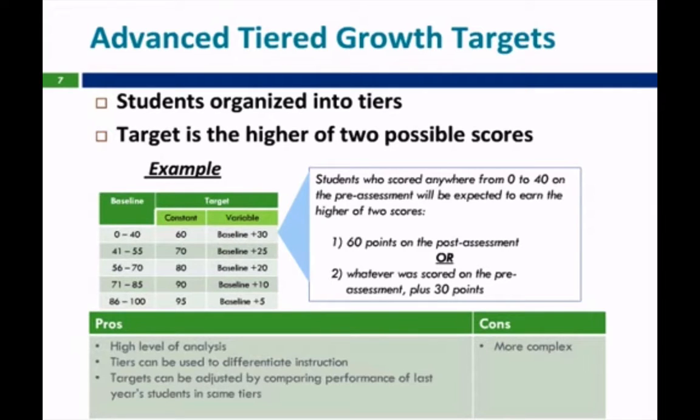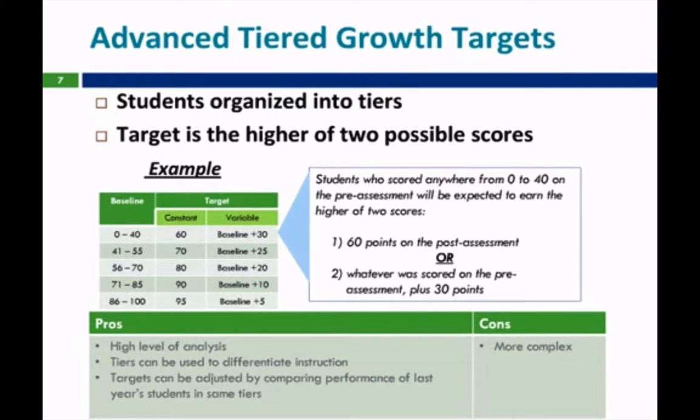A constant target that you set that you think is reasonable in general for students in a given tier, or a variable target, which is just whatever the student scored on the baseline assessment plus a number that you decide is reasonable.